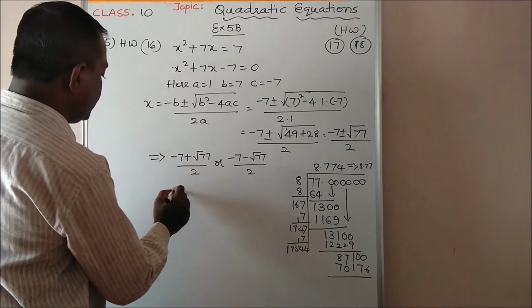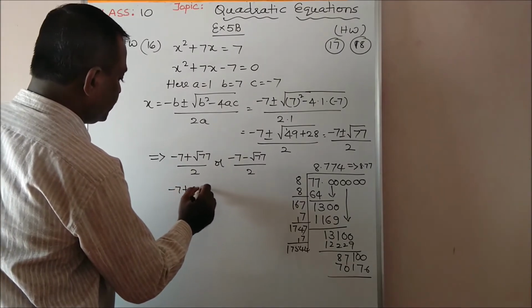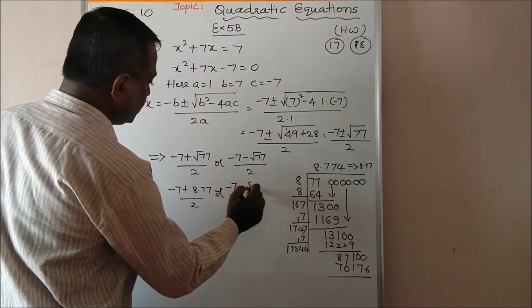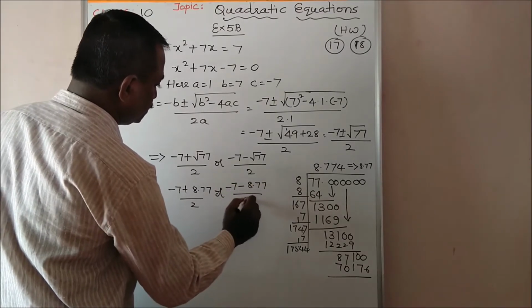So minus 7 plus 8.77 by 2 or minus 7 minus 8.77 by 2.